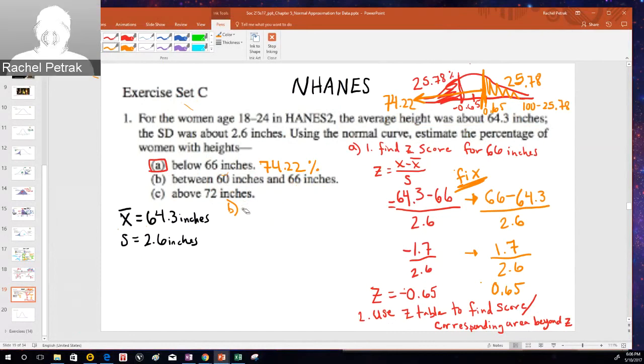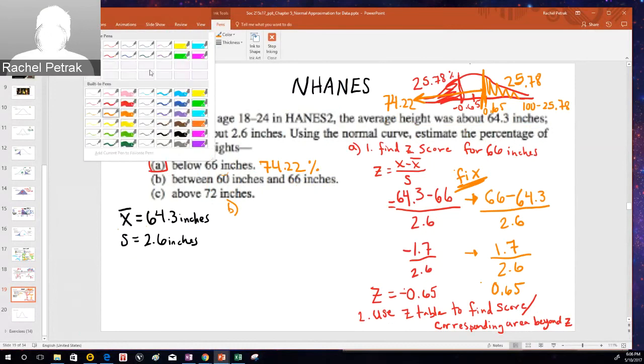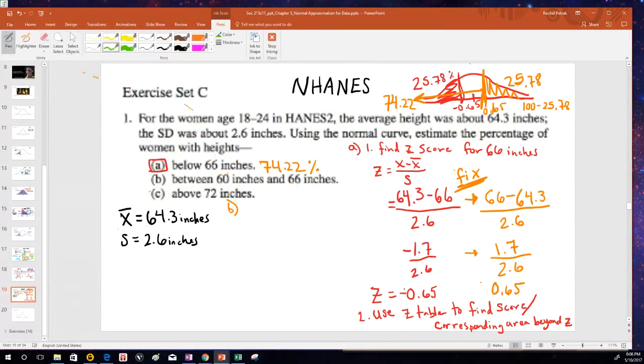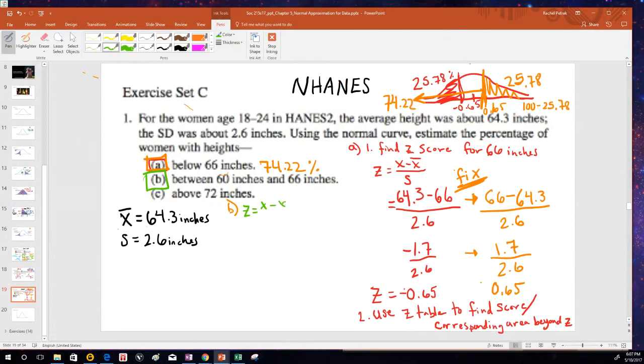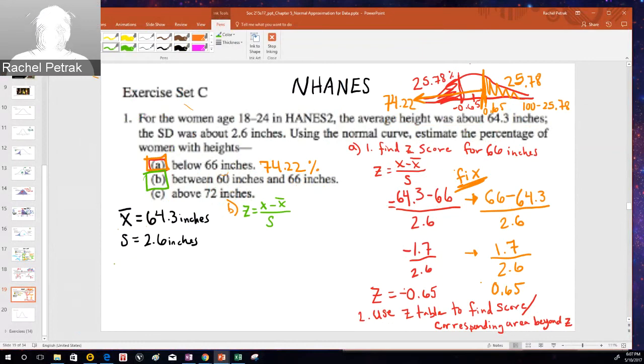And we'll switch to green for B. So we just need to find one z-score. 60 minus, I'm going to get it right this time, 64.3 over 2.6.